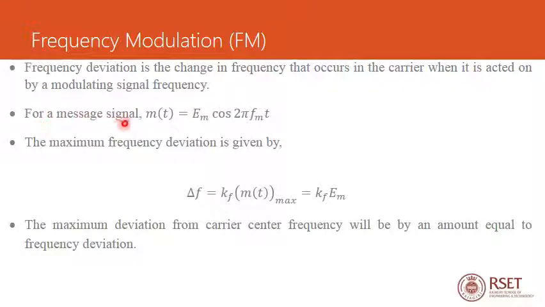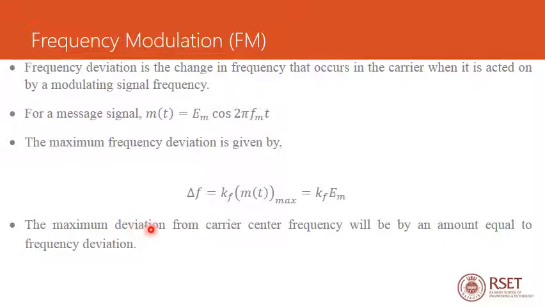For a message signal, m(t) = Em cos(2π fm t), where Em represents the amplitude of the modulating signal, fm represents the frequency of the modulating signal, and t represents time. The maximum frequency deviation Δf is given as kf times the maximum of m(t), which is equal to kf Em.